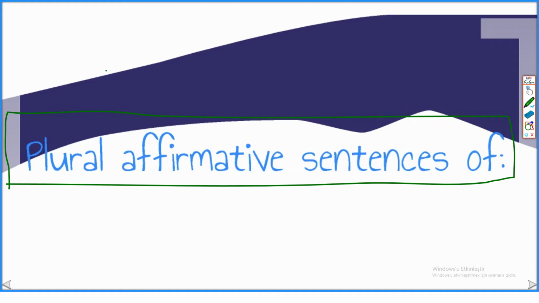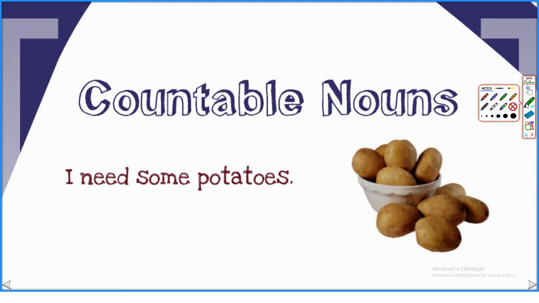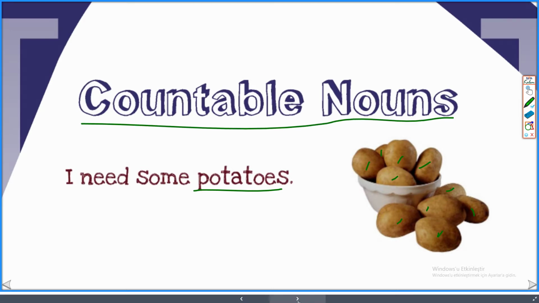As a countable noun, I need some potatoes. As you see, 1 2 3 4 5 6 7 8 9 10, I can count these guys. I need some potatoes, and it is a countable noun.